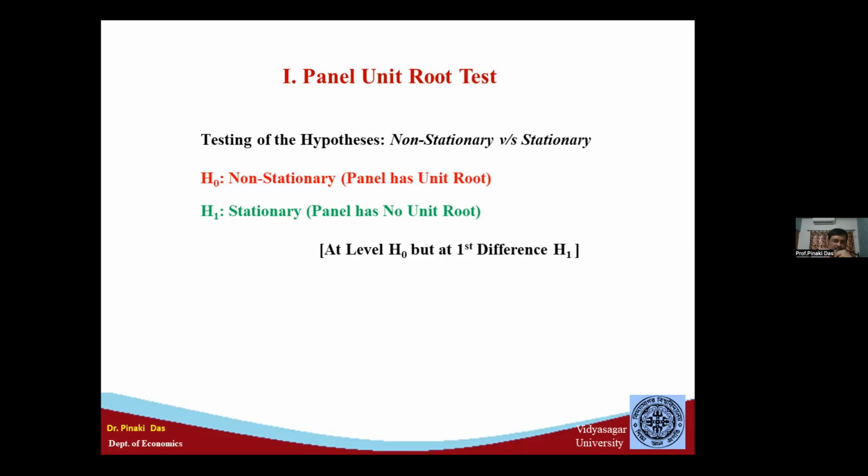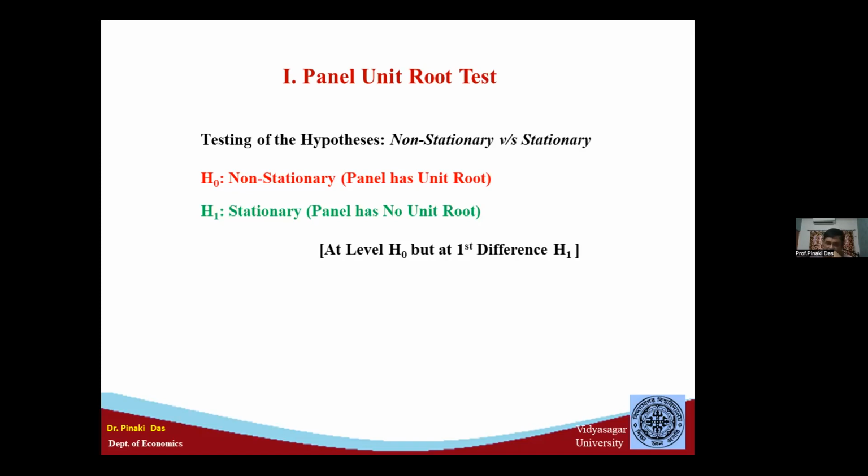Now, if the data varies over time and we are interested in using this data in our regression estimation to find the causality between dependent and independent variables, then we must check the unit root test and co-integration test. In the unit root test, our task is to test whether the data, that means the variable, is stationary or not.